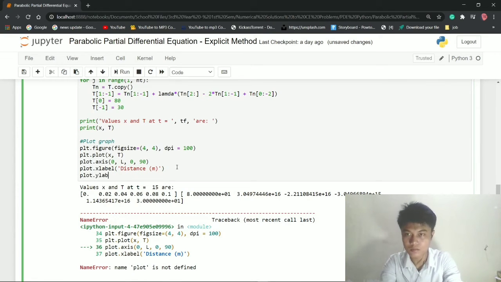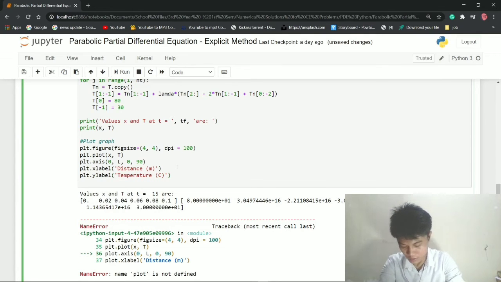Plot.ylabel. Define na naman natin to. So this is our y label is the temperature in Celsius.